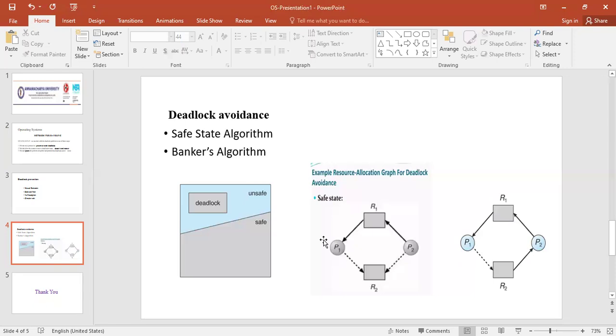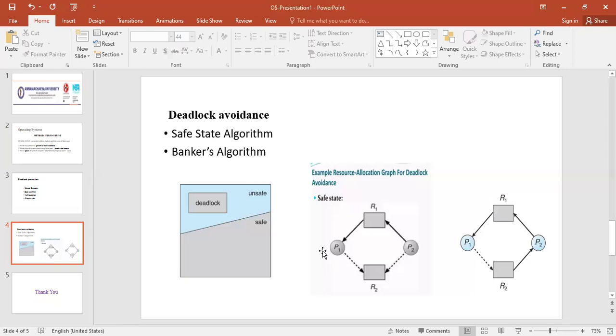If a claim edge is converted to a request edge, similarly, when a resource is released by the process, the assignment edge will be reconverted to a claim edge. We note that resources must be claimed a priori in the system, before the process starts executing. All its claim edges must already appear in the resource allocation graph.